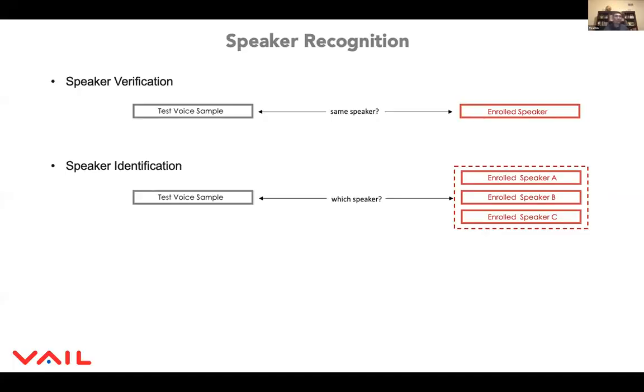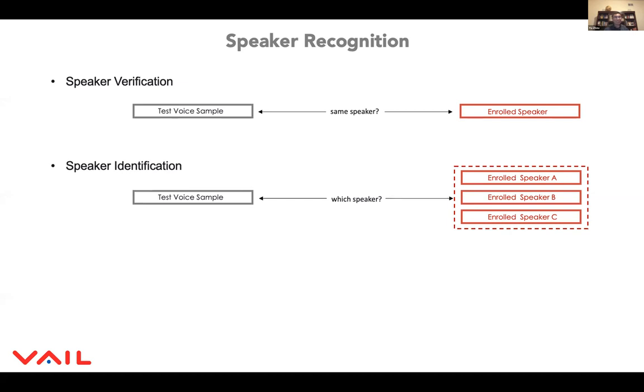So normally when we talk about speaker recognition, first of all, negative list detection is a speaker recognition application that is commonly used in data center services as part of fraud detection. In speaker recognition, normally it refers to speaker verification and speaker identification.